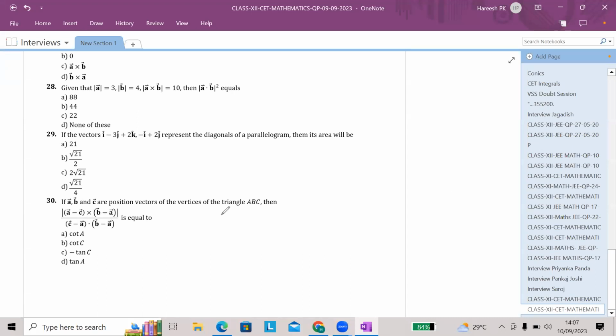Okay, so this is going to be mod of A minus C into mod of B minus A into sine theta, where theta is the angle between A minus C and B minus A. That means the sides AC and AB.